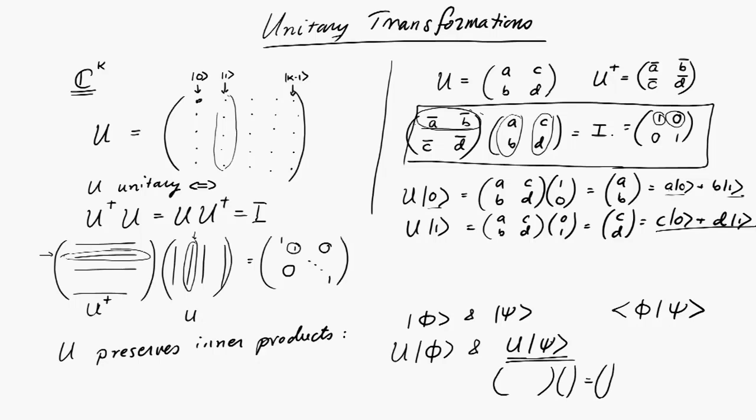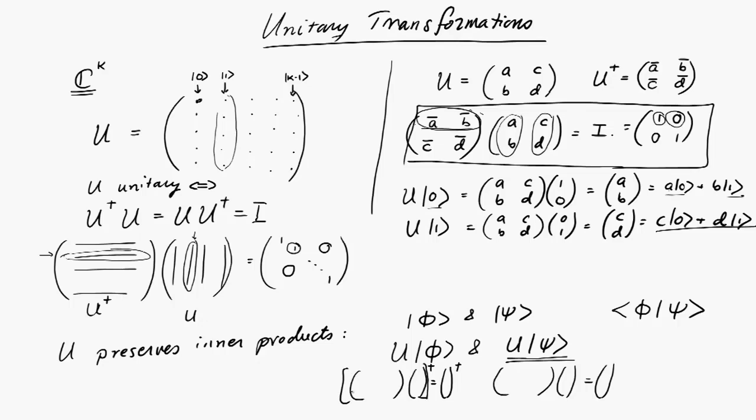So this is another ket. But U times phi is also a ket. How do you get a bra out of it? This is a column vector, but what you want to do is take its conjugate transpose to get a row vector. So you should take the conjugate transpose of this.